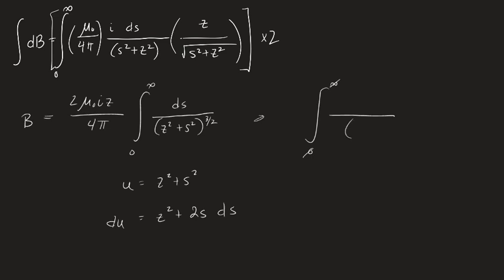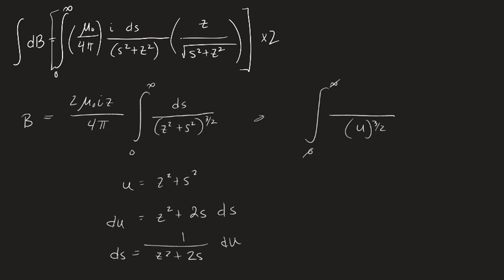And the most likely thing I think your brains would go to would be this, which would give me u to the 3/2 power. But I have to replace ds with du, which is why we take the integral here. We take the derivative here with respect to s to get an expression for ds, which, if you look, is going to be 1 over z squared plus 2s du.